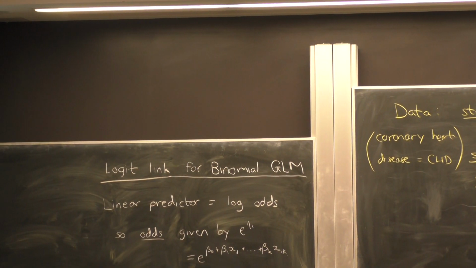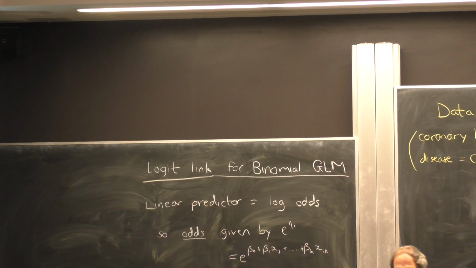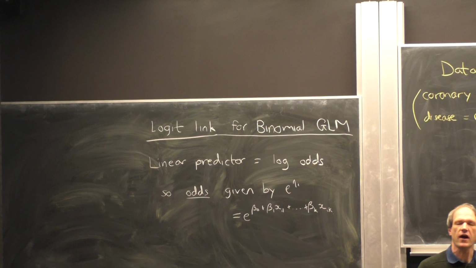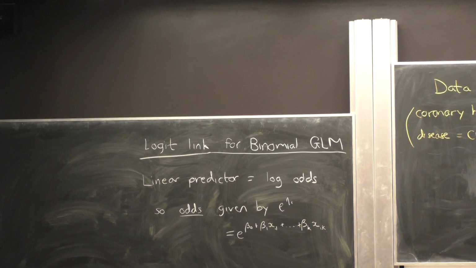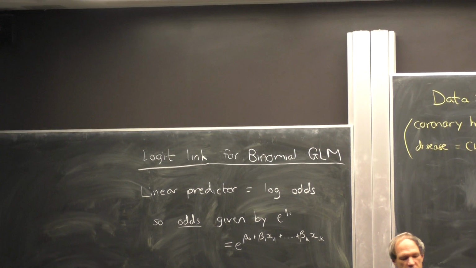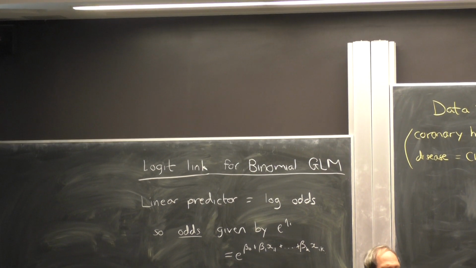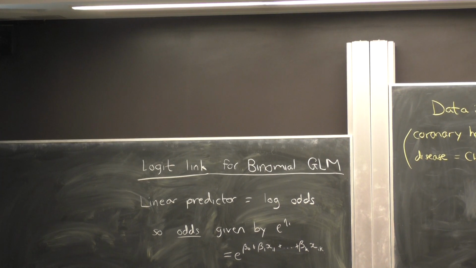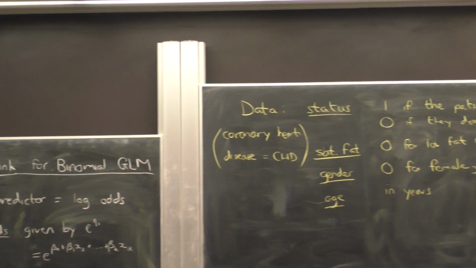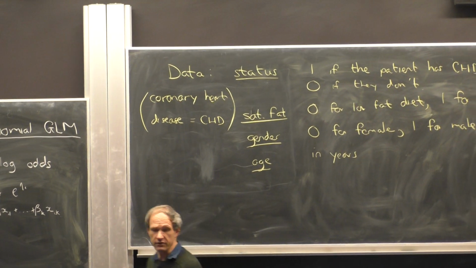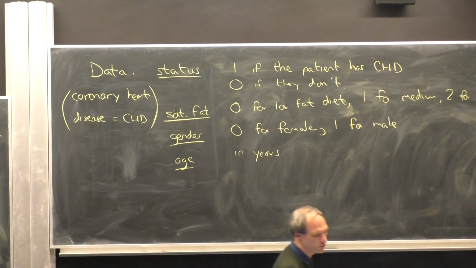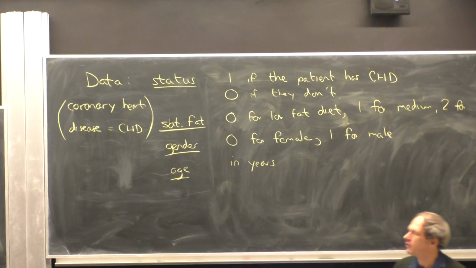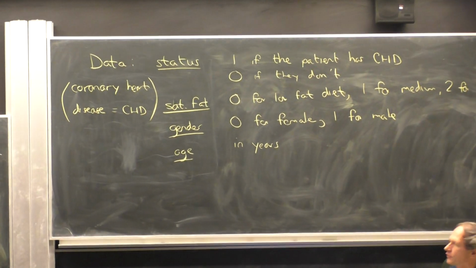And if we are interested in the odds ratio for one of the x's being bigger by 1 than in the other model, then that simply corresponds to e to the corresponding beta term. So odds ratios in logit binomial GLMs can be obtained by taking the exponential of the parameters that are estimated in the model.